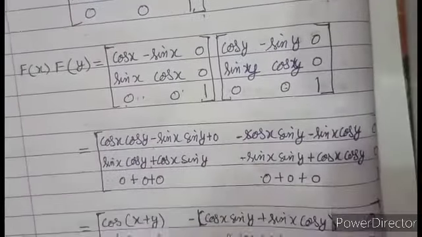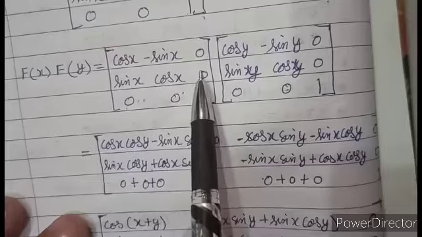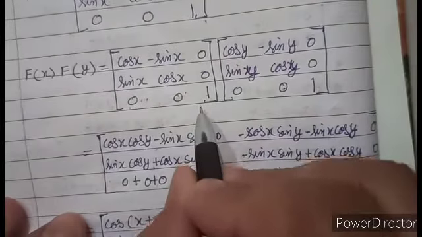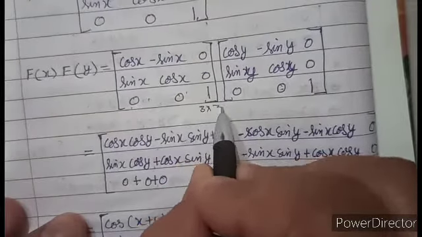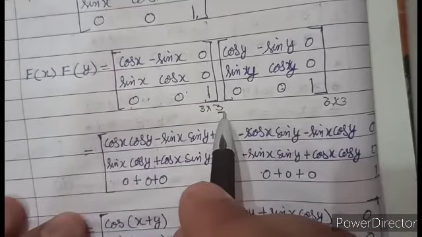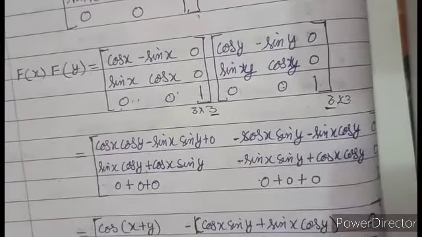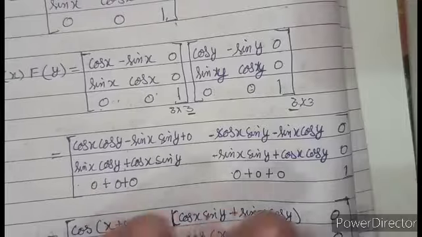Now on multiplying these two matrices, the order of the first matrix is 3 by 3 and the second is also 3 by 3. So the number of columns of the first matrix is equal to the number of rows of the second matrix, so the product is defined.